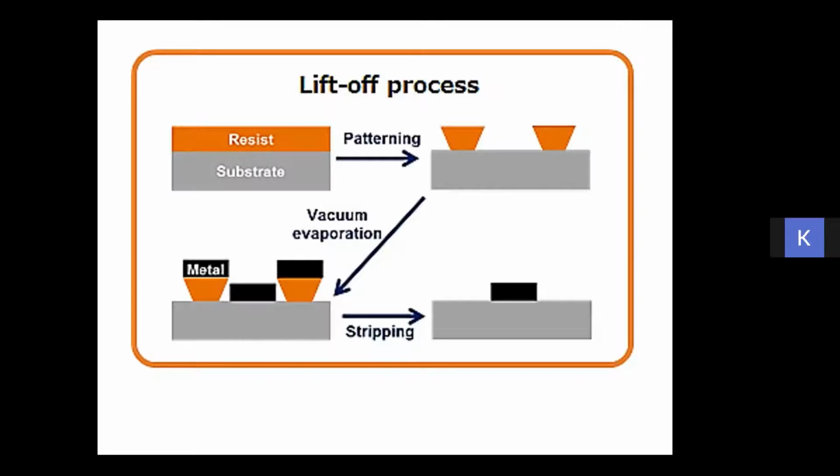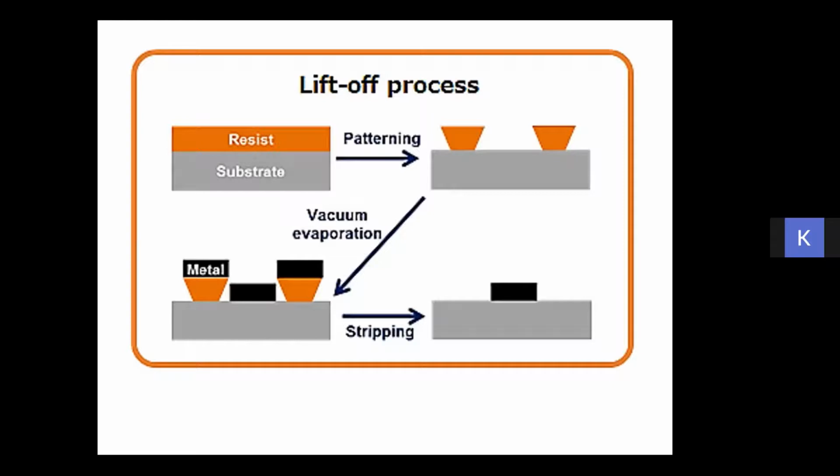This is because if the thickness of the metal becomes more, the metal will become a continuous film, whether it is on the resist or on the window. That means resist thickness and metal thickness should be kept in mind. Metal thickness should be much less than the resist thickness, so that this becomes a discontinuous film.